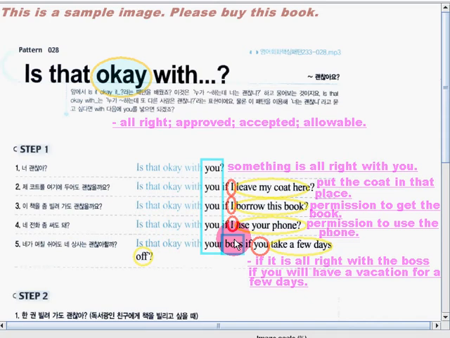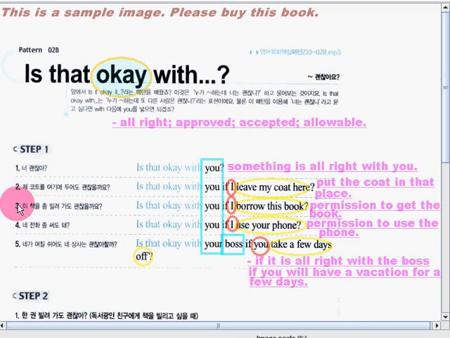Is that okay with you? That means you're asking if something is alright with someone or with you. That here means something, and you are using the word that to pertain to it. Is that okay with you?